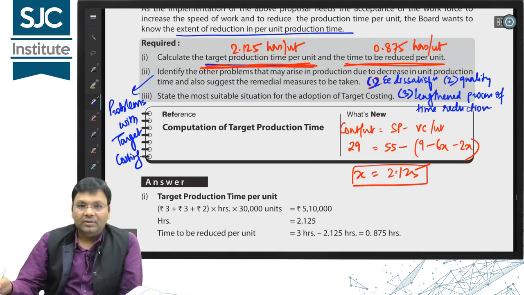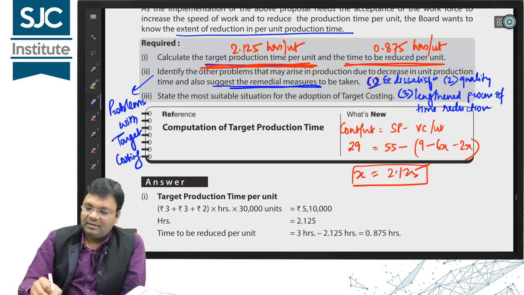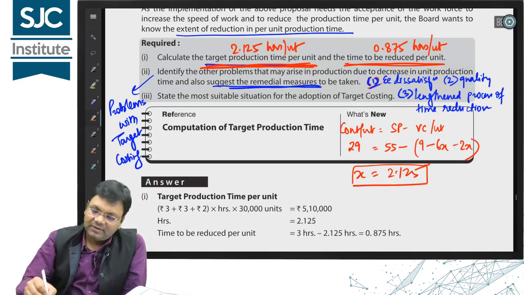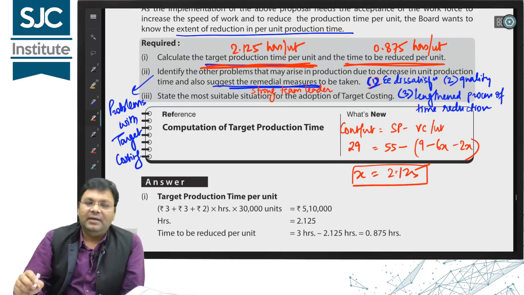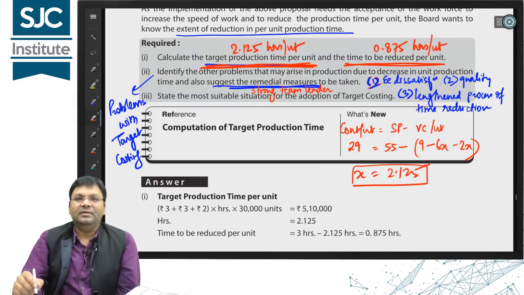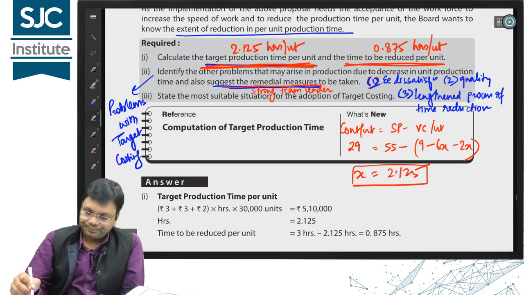So these are some of the problems that are definitely there with target costing. And if you remember the remedial measures, there is only one remedy, which was a strong team leader, who has good knowledge of designs, interpersonal communication skills, and a commitment towards staying within the time and cost. So that is the only remedy here.